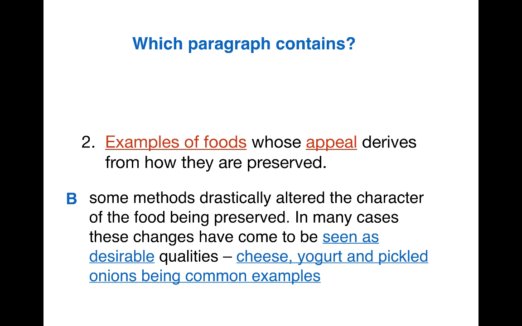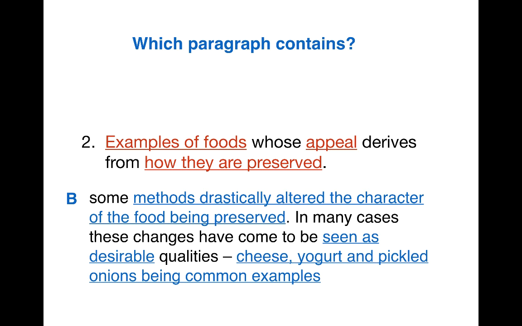Another keyword or keywords in there, how they are preserved. Methods drastically altered the character of the food being preserved. This is saying that these foods are changed by the way they're preserved, but this has become an attractive quality. I think, again, that was the most difficult question in there. Leave it till last. Don't worry if you don't get that one right.